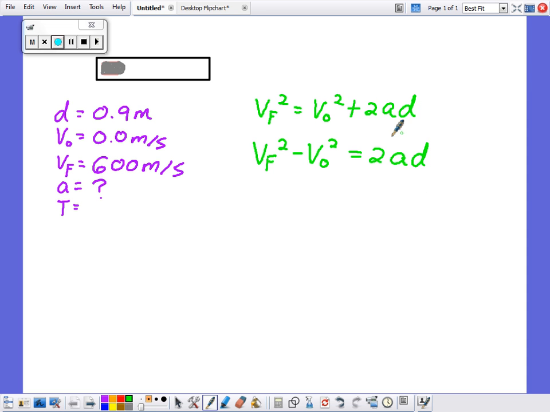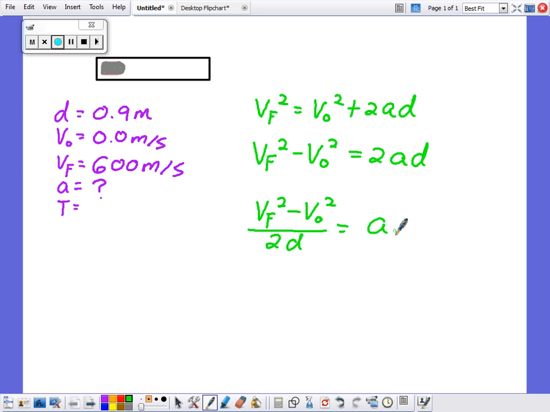Now that I'm left with just this one term that has the a in it, I can get rid of the 2 and the d. Since I'm multiplying the 2 and the d, I need to divide them to the other side, giving me vf squared minus v naught squared all over 2d. And that will give me the acceleration.